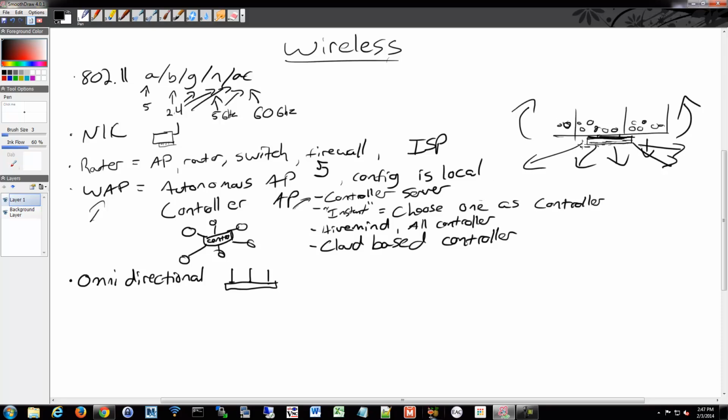So that's something to consider when you're deploying that. Make sure you orient your access points appropriately, unless you purchase specific access points with specific types of antennas. So if you buy the basic type of access point, most likely it's an omnidirectional antenna with this backing plate that kind of forces it in a directional mode, but it's not necessarily a perfect directional antenna.